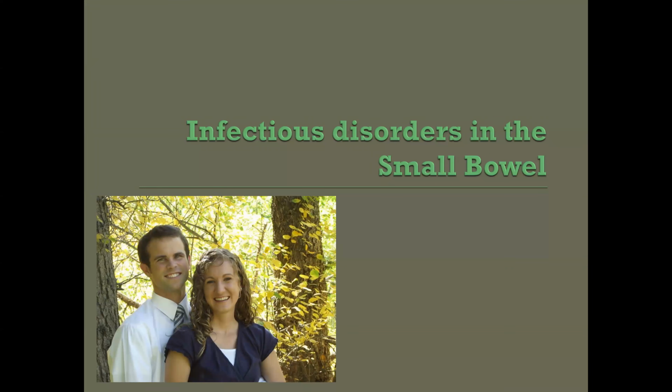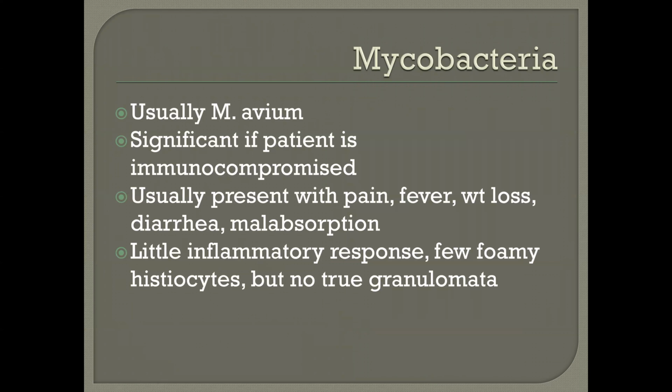So let's just touch then upon some of the infectious disorders in the small bowel, make people a little bit happier because these are more treatable. Mycobacteria, most commonly Mycobacterium avium, particularly if the patient is immunocompromised. These can be a significant infection and require treatment. Pain, fever, weight loss, malabsorption, and relatively minimal inflammatory response, particularly if they're immunosuppressed.